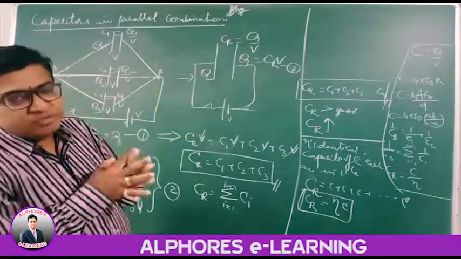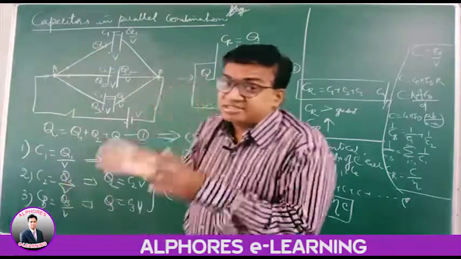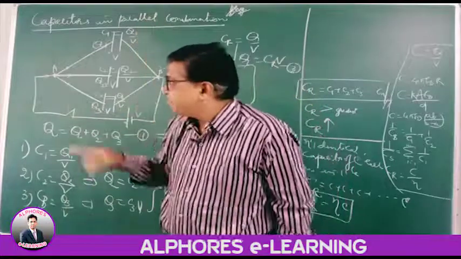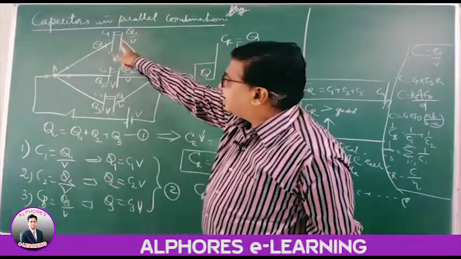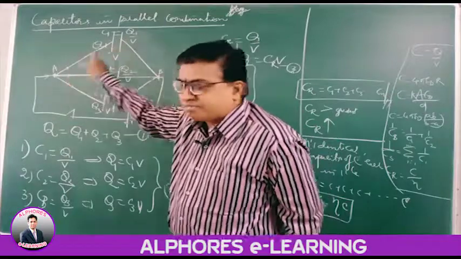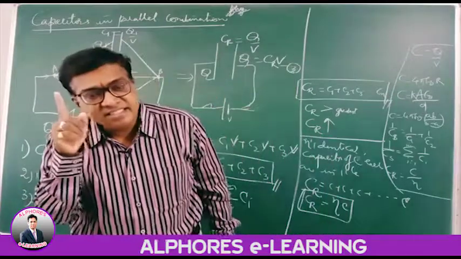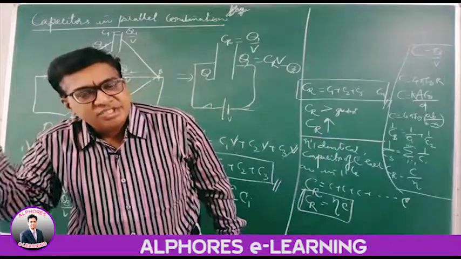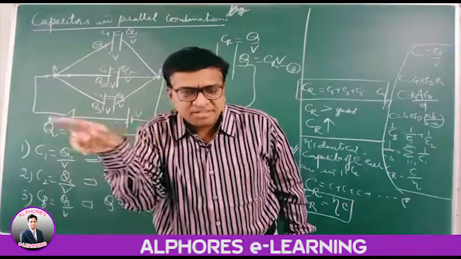On the contrary, if you compare this combination with series, what we have learned in the previous part: in parallel, the like terminals are joined together, positive all joined to one point, negative all joined to another point. In series, alternate terminals are joined together. Unlike terminals are joined together.